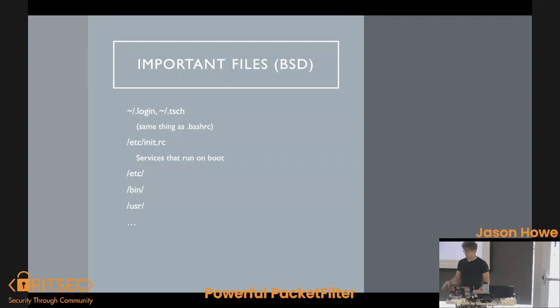So pro blue teamer strat right here is go figure out what that should look like without malware in it, and then go check it when there is malware in it and see if anything is there that shouldn't be there. But I didn't tell you guys that. And the rest of it's kind of the same. You've got your /etc, your /usr, your /bin, your /sbin, your /lib, all that stuff.